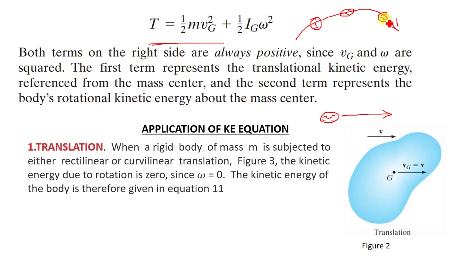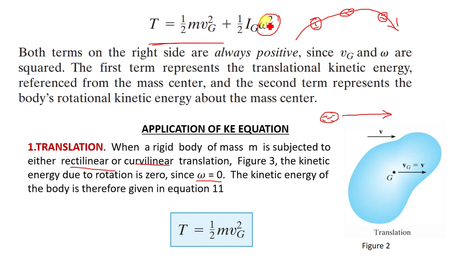This is what I'm just trying to explain. In both cases, rectilinear and curvilinear, note that the angular velocity is equal to 0, because nothing is rotating about a given point. The kinetic energy of the body is therefore given by this equation. If omega, the angular velocity, is 0, all this part is going to be 0, and we just remain with this part.